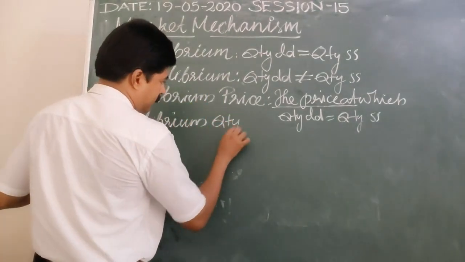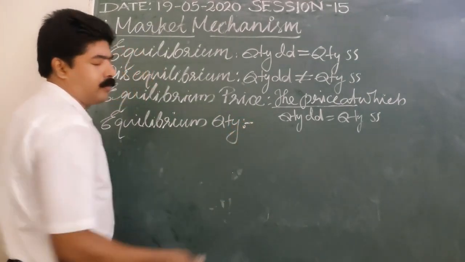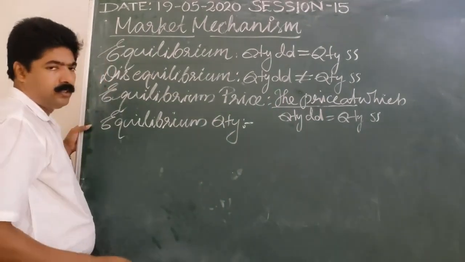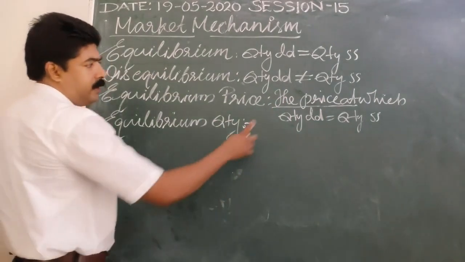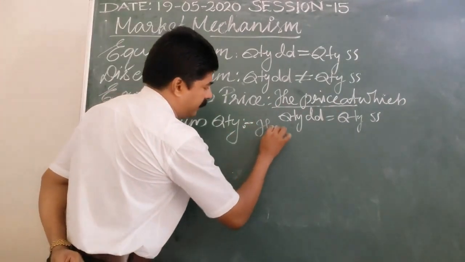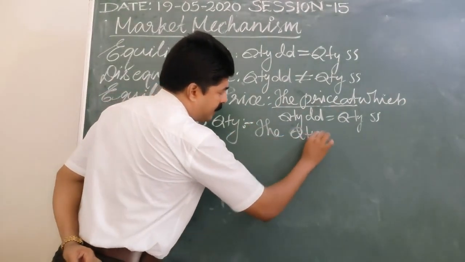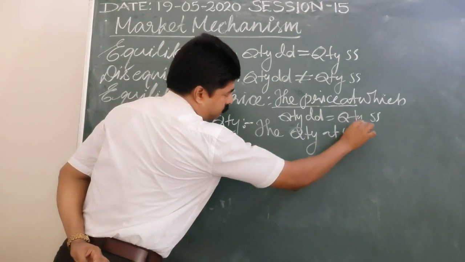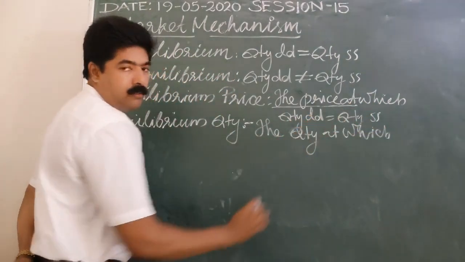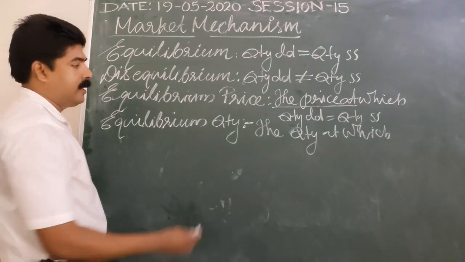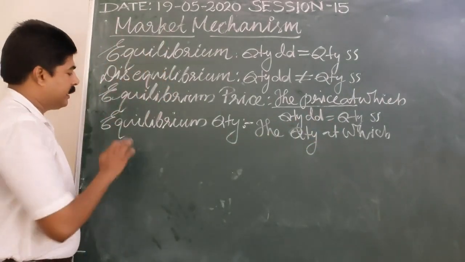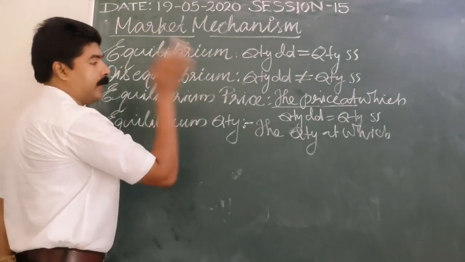What is equilibrium quantity? In place of the price at which, we need to write the quantity at which quantity demanded equals quantity supplied. The same definition: here equilibrium quantity, there equilibrium price.